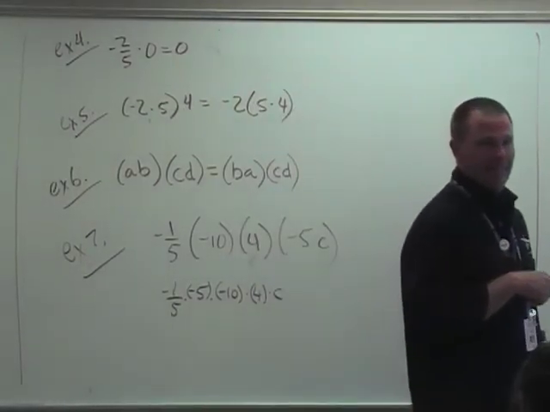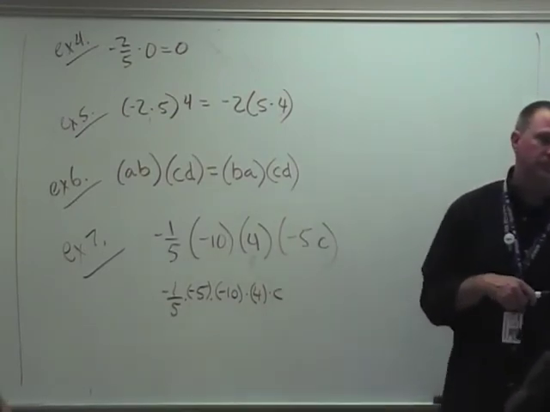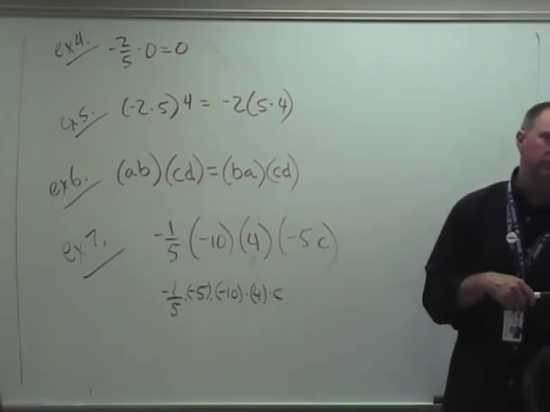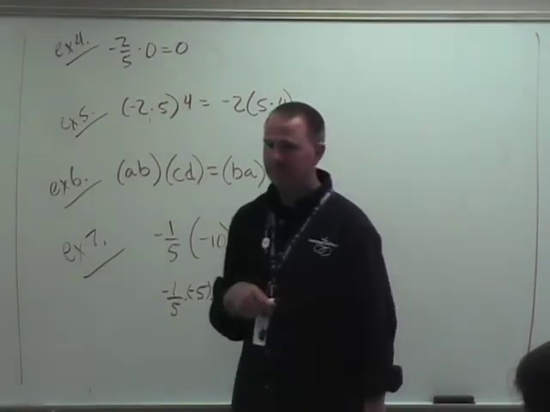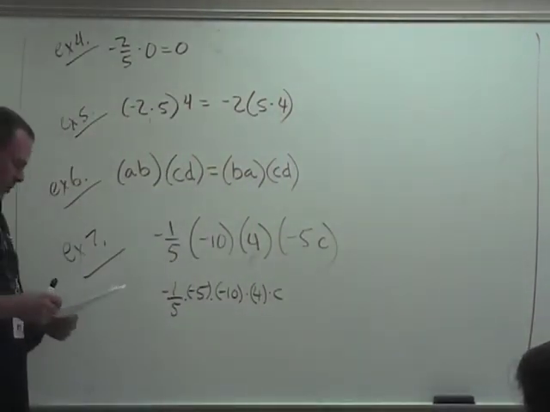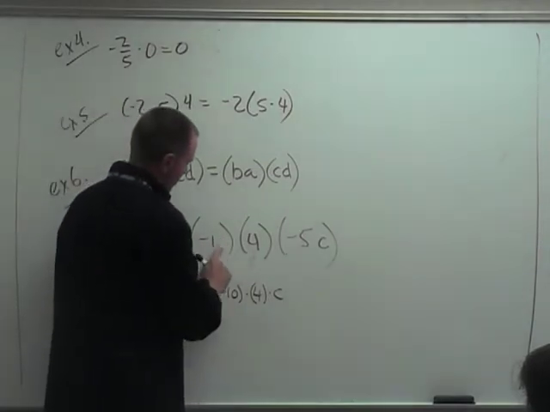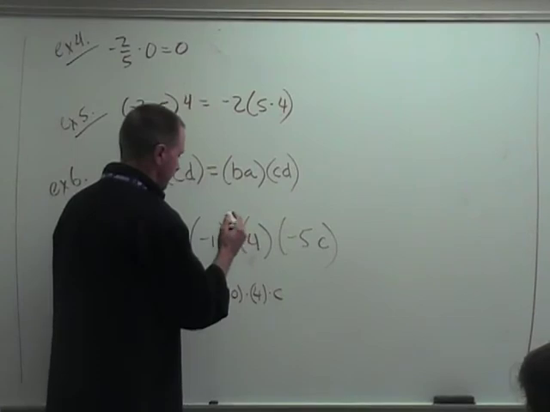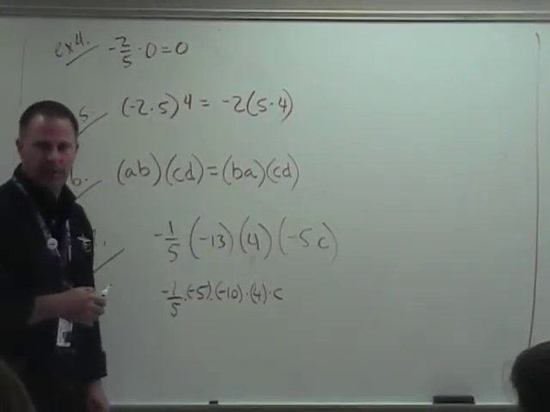Should I tell you how I solved it? -1/5 times -10 is 2. And then I took that times 4 times -5c. And I took 8 times -5c, which equals -40c. That's why I should have done this. I should have written that down instead.